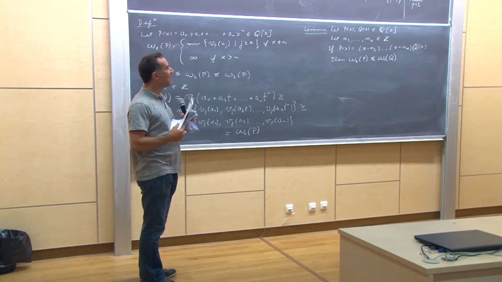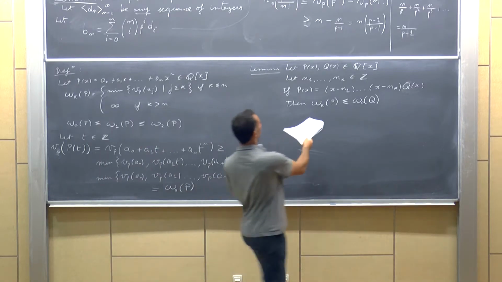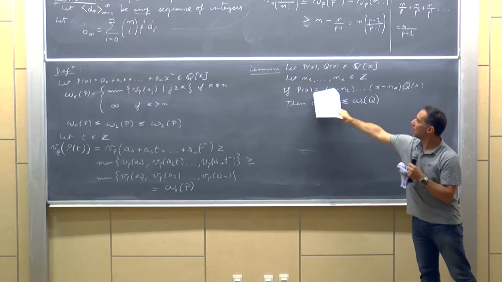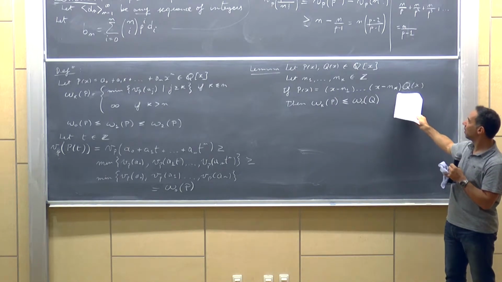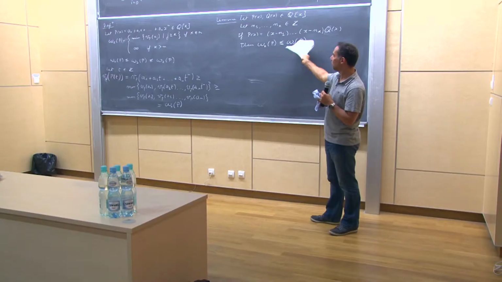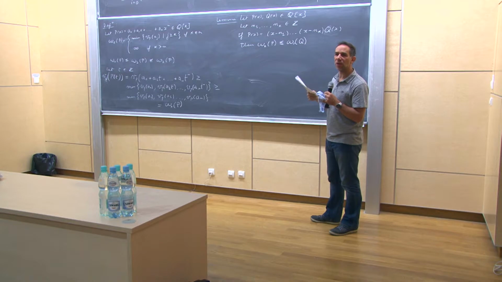Okay. And the reason that this equality holds is because P is fundamentally Q times a bunch of K more factors, which is why this thing holds, right? So it's not particularly surprising.